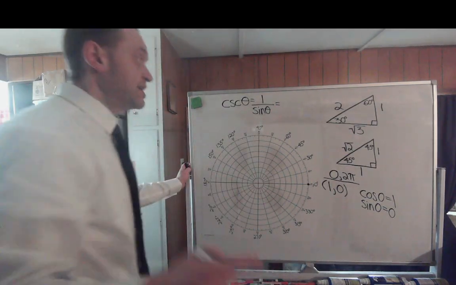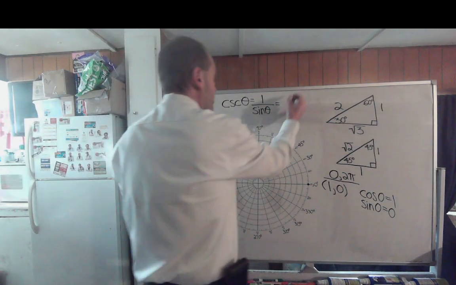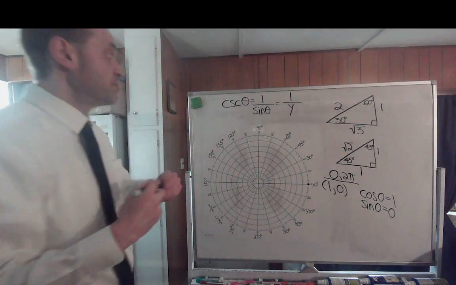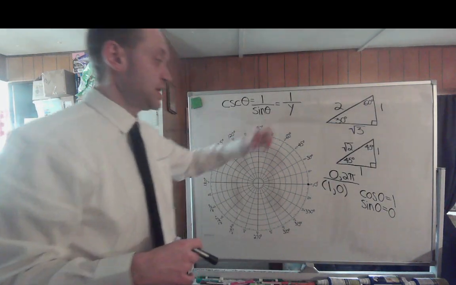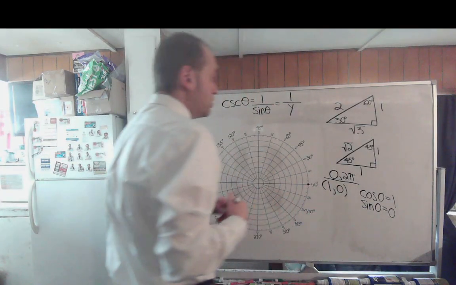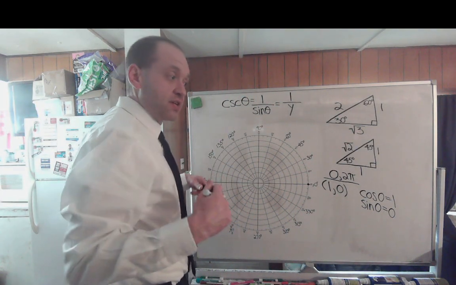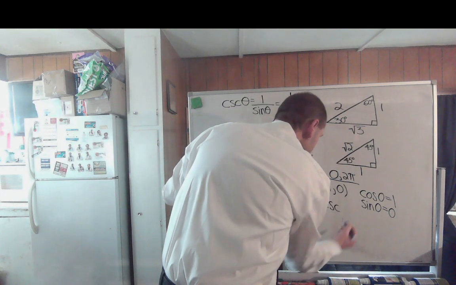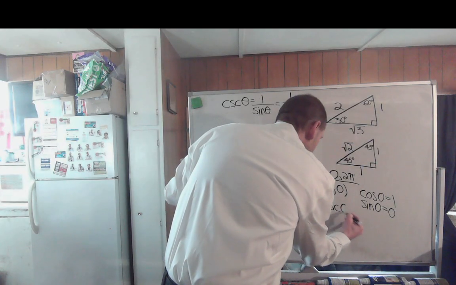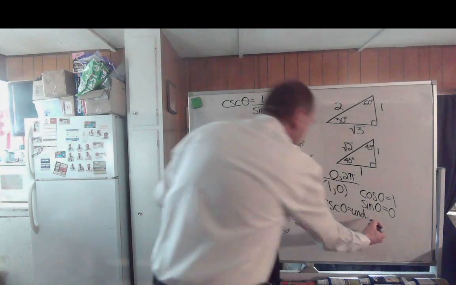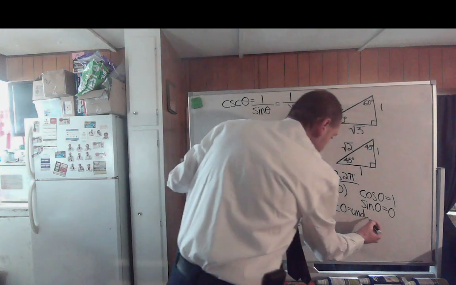And we stated that the sine is the y-coordinate. So that would be 1 divided by y. So 1 divided by y is your cosecant. So your y-coordinate's 0. Well, 1 divided by 0 is undefined, right? So your cosecant, in this case, of 0 is actually undefined. We don't get a value for the cosecant.